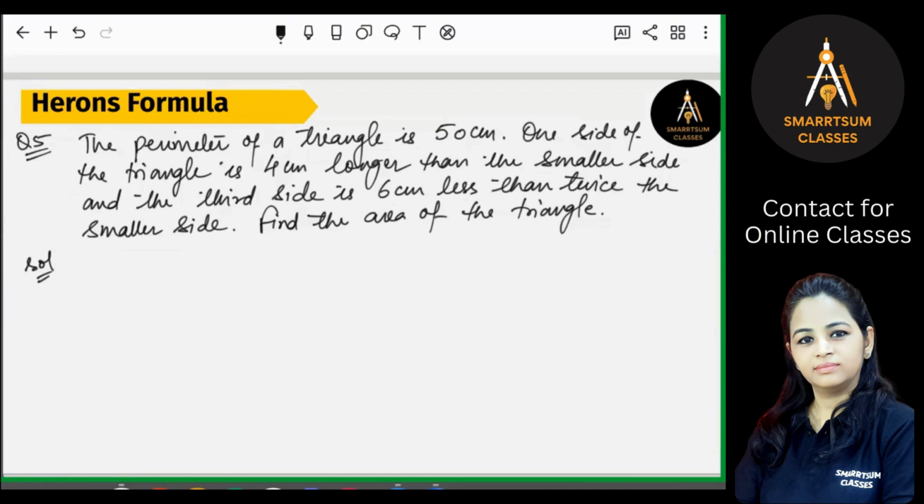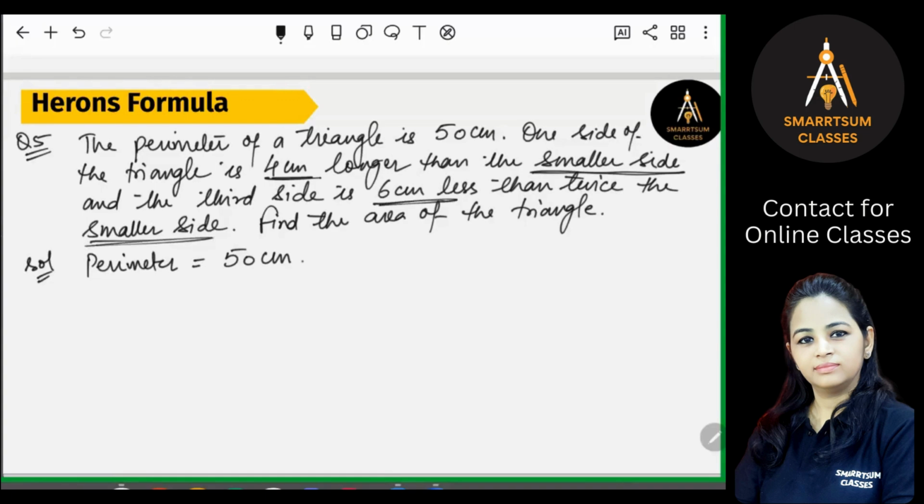So write down what is given here. The perimeter is 50 centimeter. Since the sides are in terms of the smaller side, one side is 4 centimeter longer than the smaller side. Similarly, the third side is 6 centimeter less than twice the smaller side.